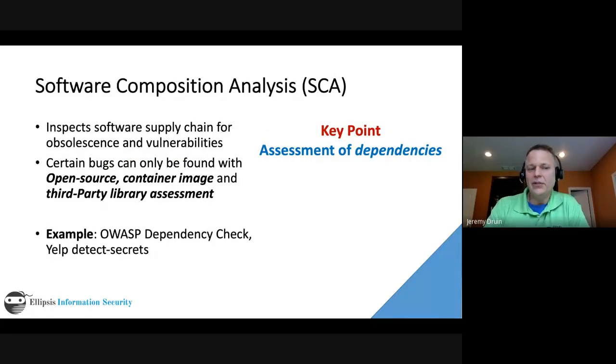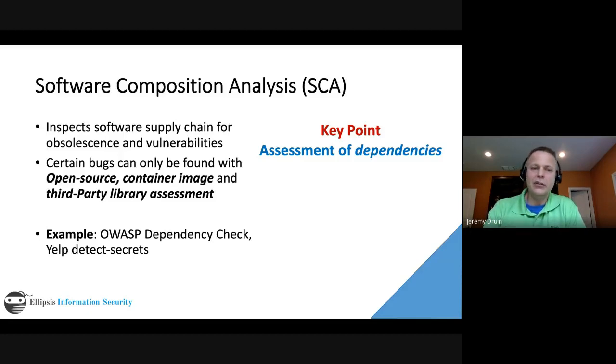The software composition analysis is still essentially static application security testing, but it's not of our code. This is testing the other dependencies that we're using, that we're borrowing from others.